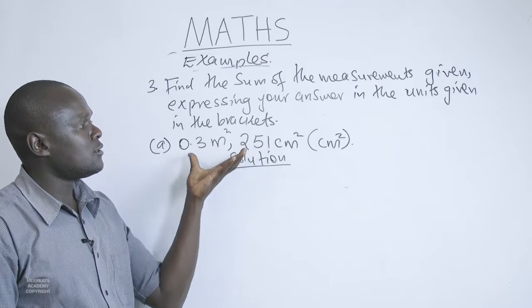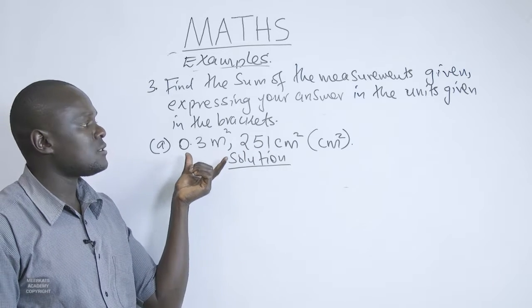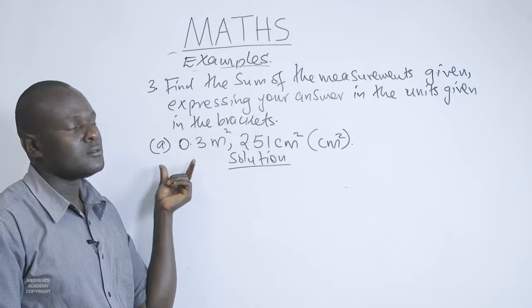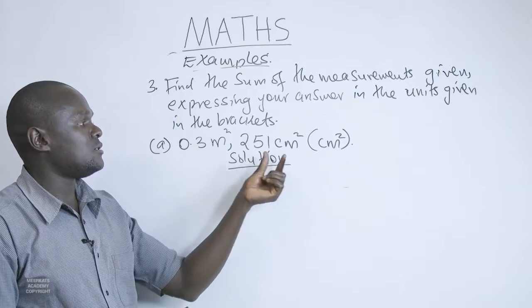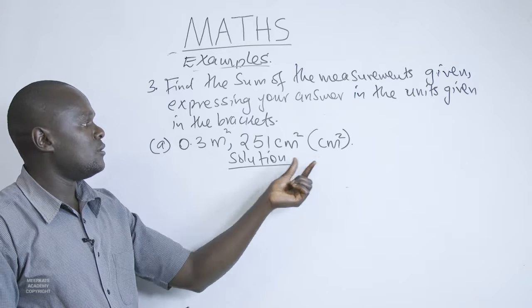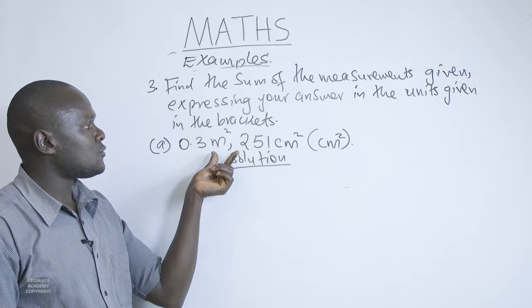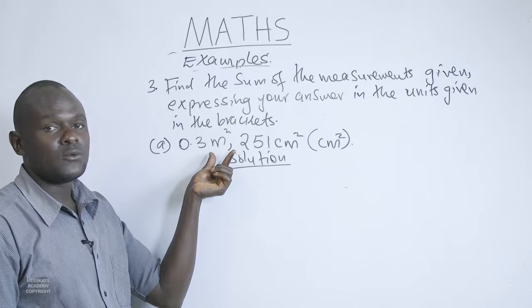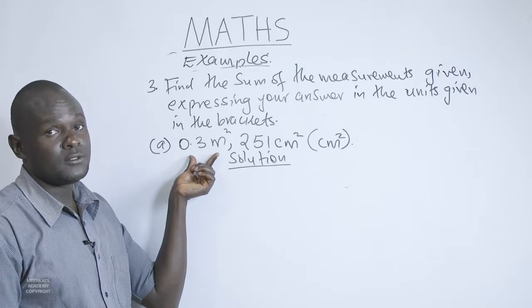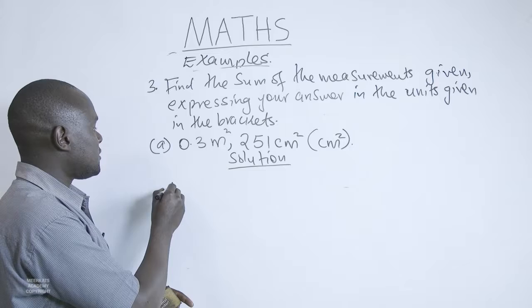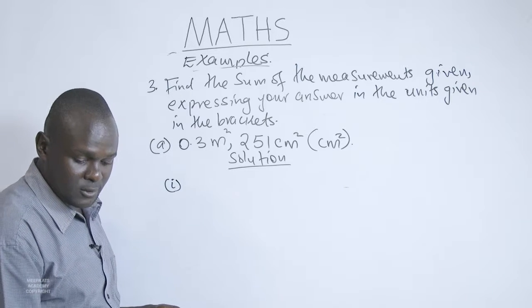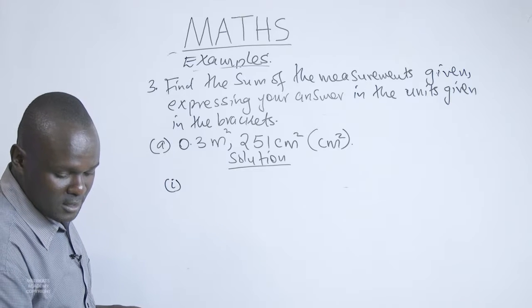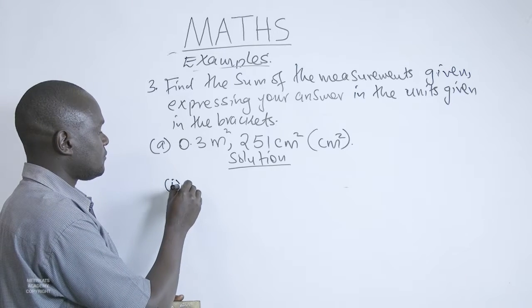So for us to handle this, we need to express all the units in the same unit that is required. When you look at this, we have 0.3 square meters. We need to convert this unit first. So the first step that we are supposed to do is to express all the measurements in the units given in the brackets.